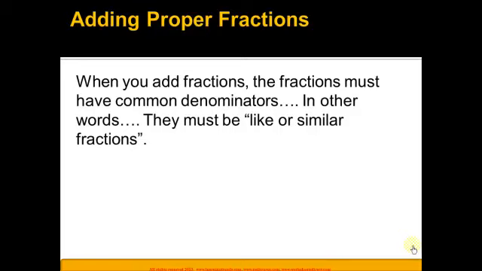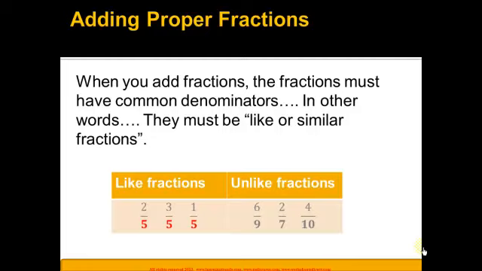Now, before we get into the addition, let's go ahead and review the difference between like and unlike fractions. You'll see that we have two boxes on the screen here, and let's take a look at the like fractions. You'll notice I'm highlighting it a little bit, and there are three fractions in that box. You've got 2/5, 3/5, and 1/5, and notice that they are all like or similar fractions because they have a denominator of 5.